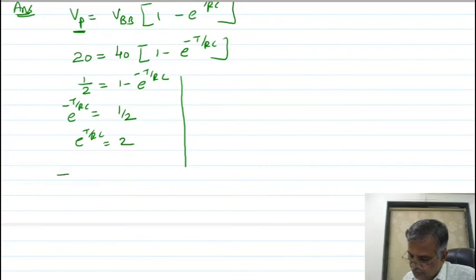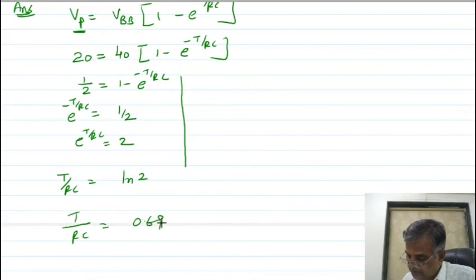So T upon RC is equal to ln 2, which is 0.693. So T is equal to RC into 0.693.